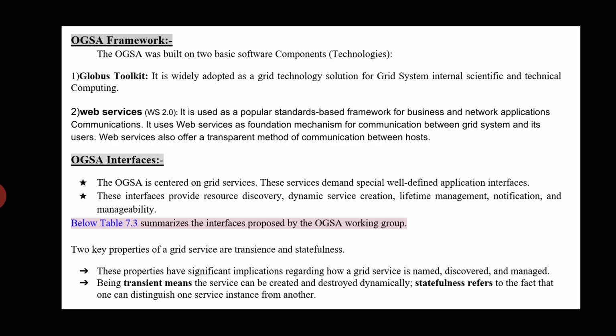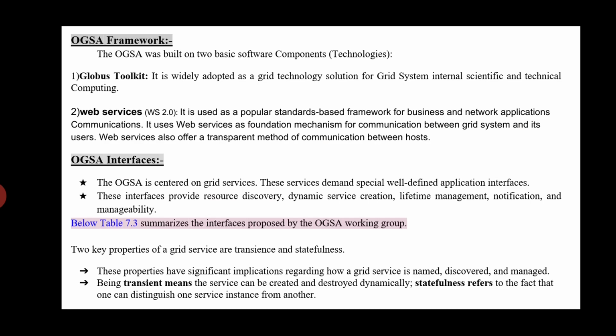What exactly has the Globus Toolkit done? It is widely adopted as a grid technology. It is an open source technology for grid systems, used for internal scientific and technical work, managing and processing both software and hardware equipment for specific representation.